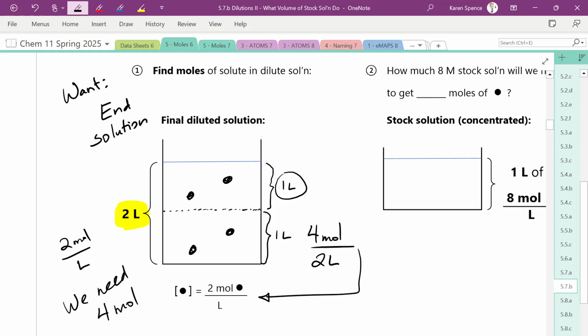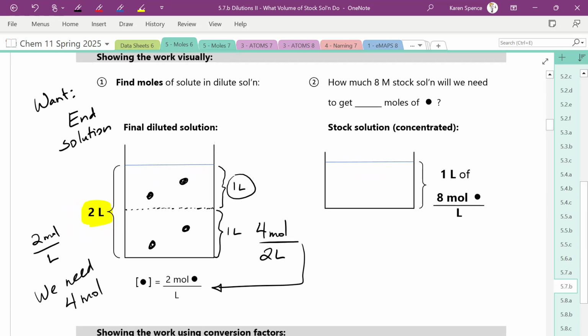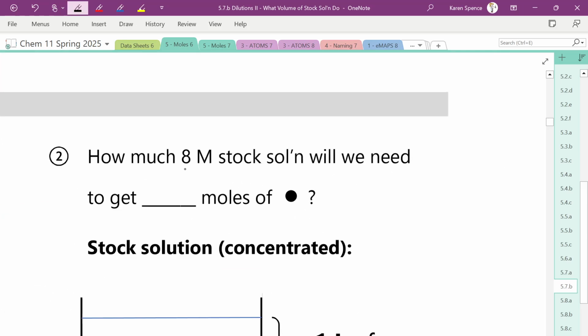All right, now we have a stock solution, which is the concentrated one, and we want to know how much of that 8 molar stock solution do we need to get those 4 moles of dots.